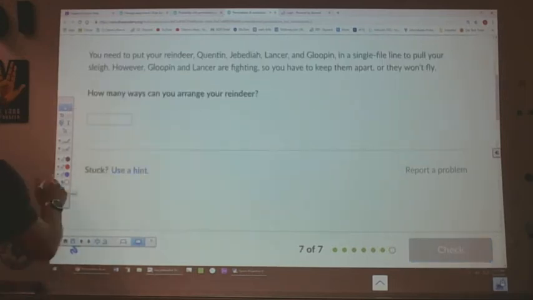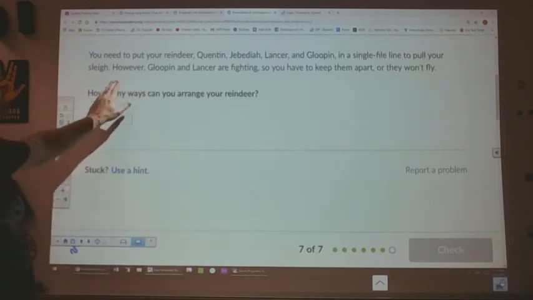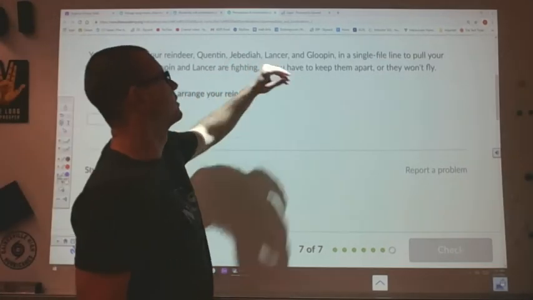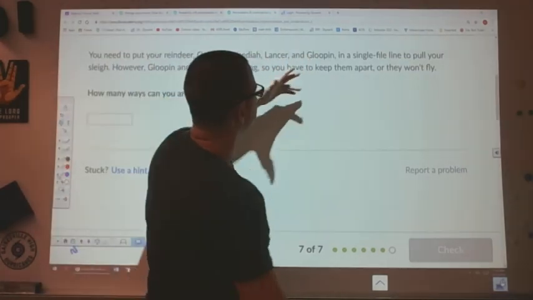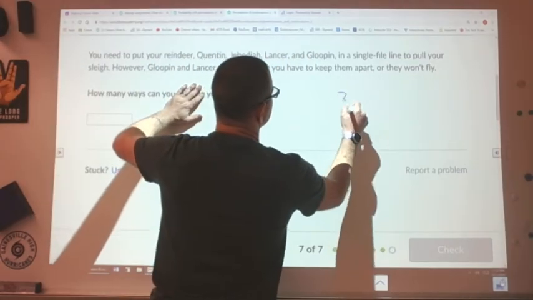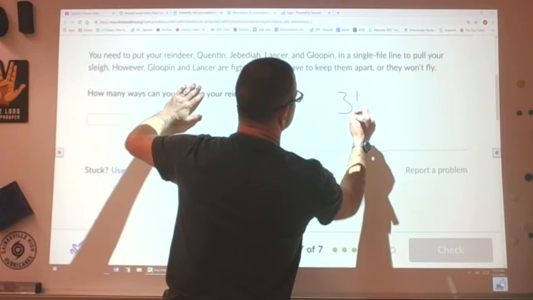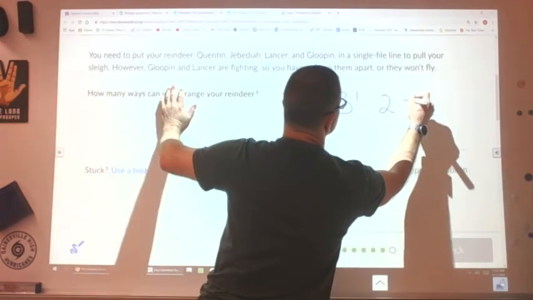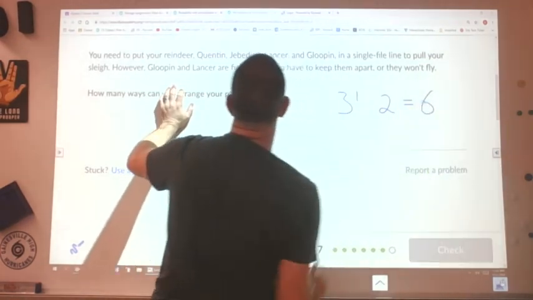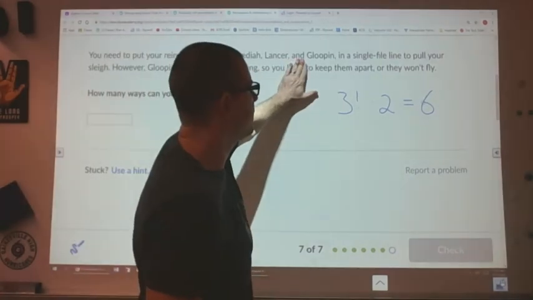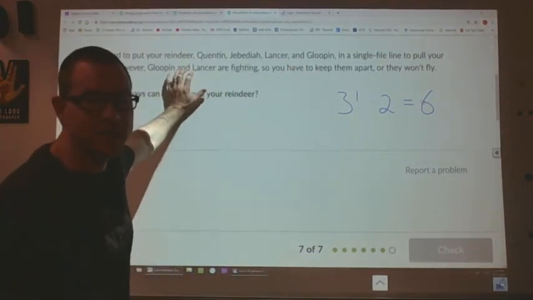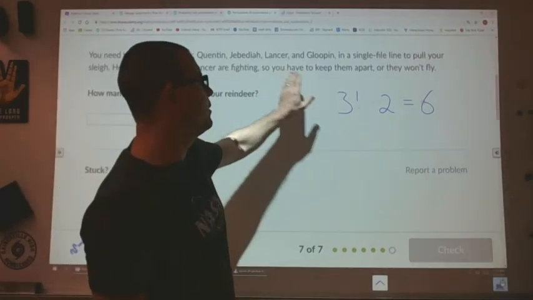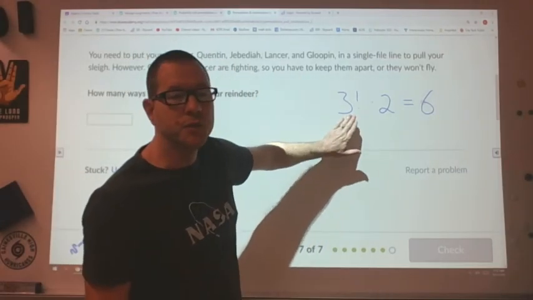And then back to our reindeer again. You need to put your reindeer, Quentin, Jebediah, Lancer, and Galupin in a single file line to pull. So it's 1, 2, 3, 4. Which is, we've done this one already. Again, there's 4 reindeer. 2 of them need to be considered a single group, which leaves me with 3 unique objects.